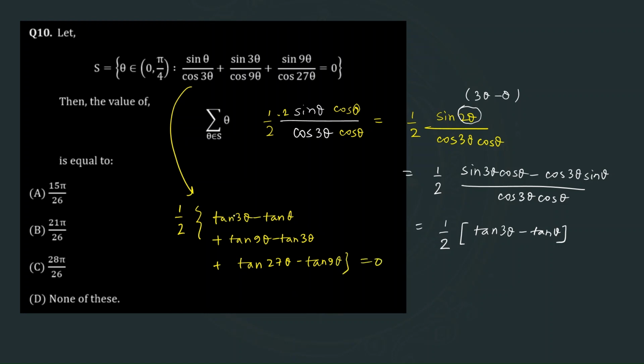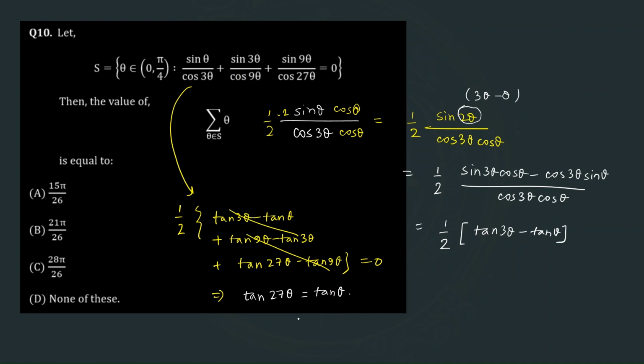You can see that these terms will get cancelled with each other. That means the solution we get from this equation will be the same as the solution of the equation tan of 27 theta equal to tan of theta.